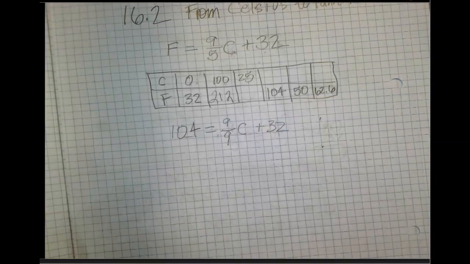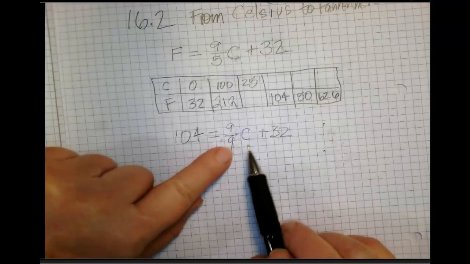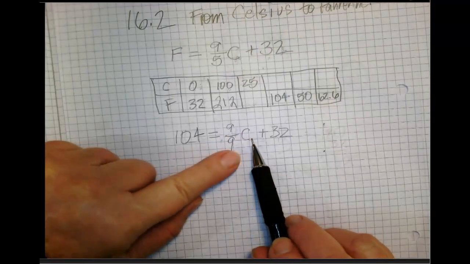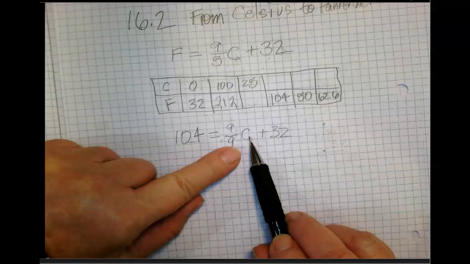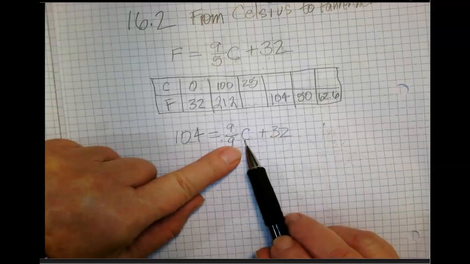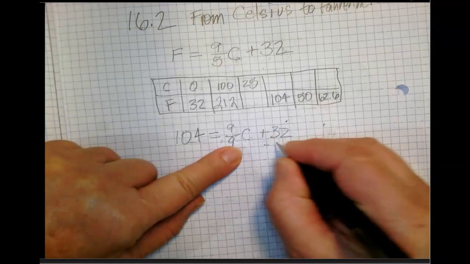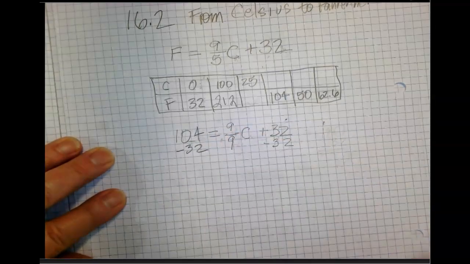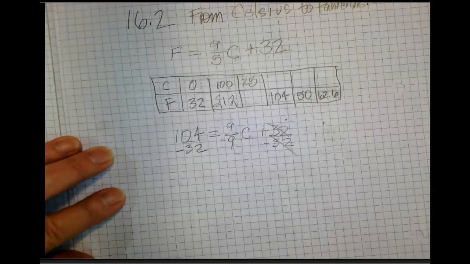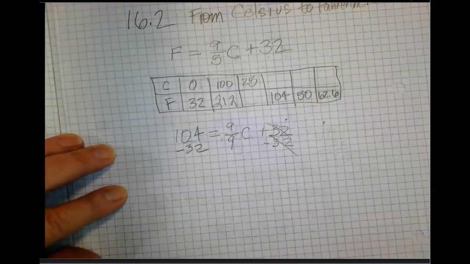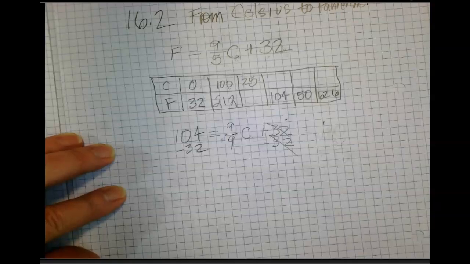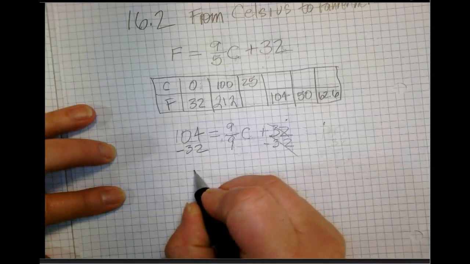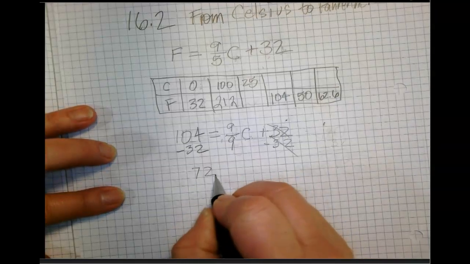Remember, we have to get the term that has C all by itself before we can get C by itself. So I'm going to subtract 32 from both sides. I'm going to cross it off here, and 104 minus 32 equals 72.